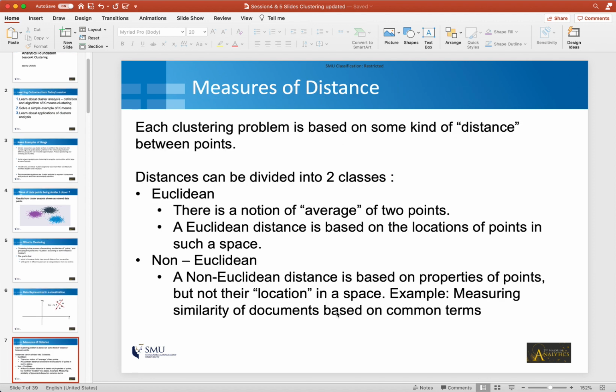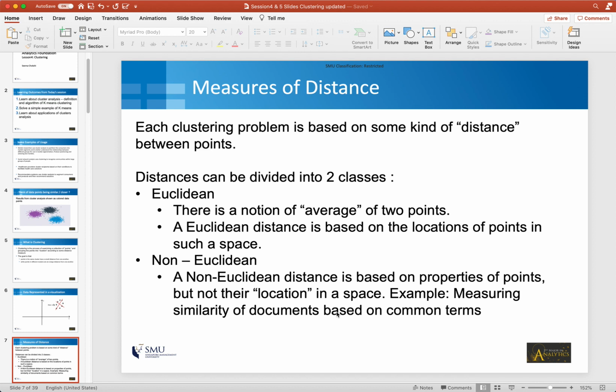Now let's talk about the measure of distance that I mentioned earlier when we were talking about the goal of clustering. Distance is a criteria that will be used to find out the similarities between points.